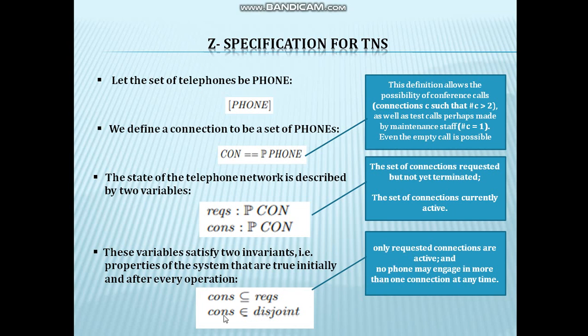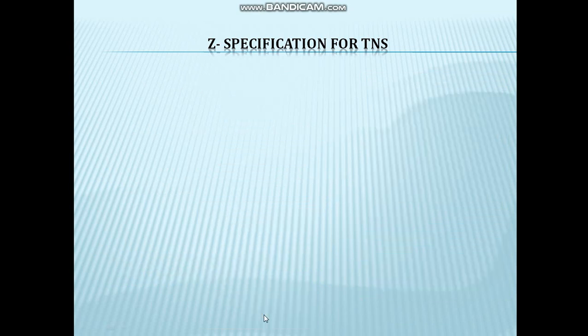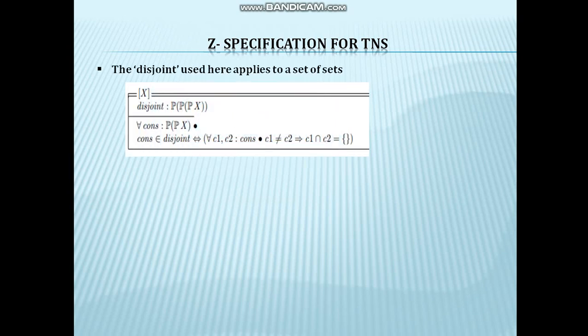The second invariant says that no phone may engage in more than one connection at any time. In Z we represent this condition as cons belongs to disjoint. What is disjoint? Disjoint is the power set of power set, meaning it is a set of sets.